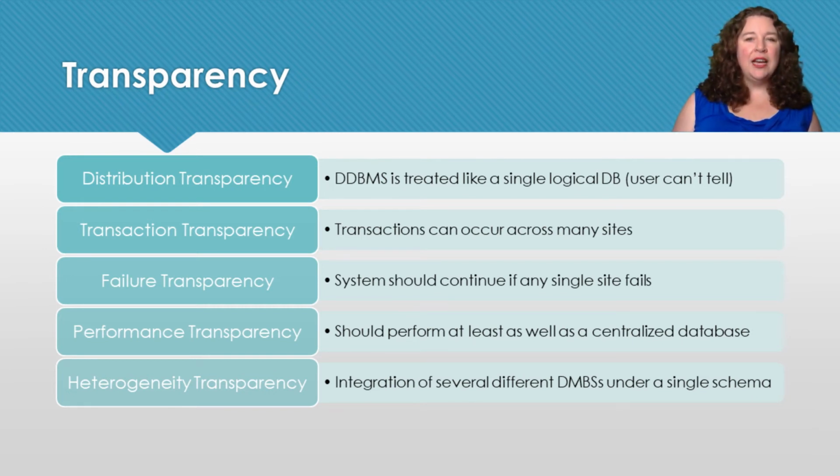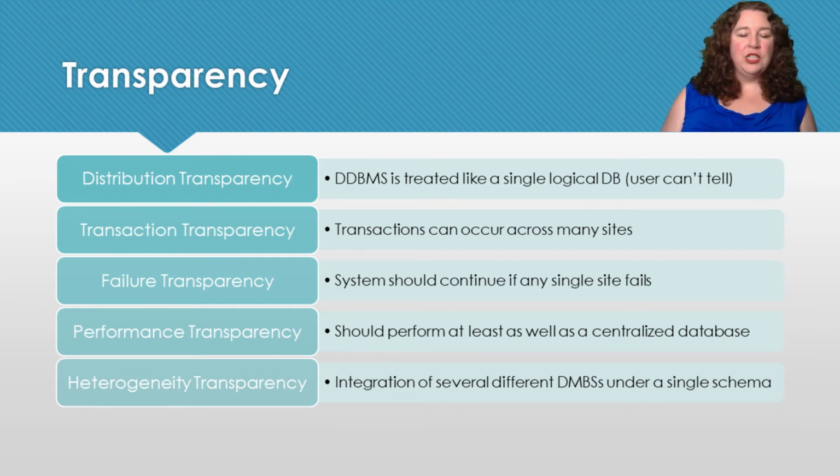You can have transaction transparency, which is simply that transactions can pull data from multiple sites without you caring. So I could say if employee data was in California and customer information was in New York and I'm in Montana, I can grab data from both of them and I don't notice the fact that they're pulling from 2 different locations. So my transactions are handled just fine without that being a problem.